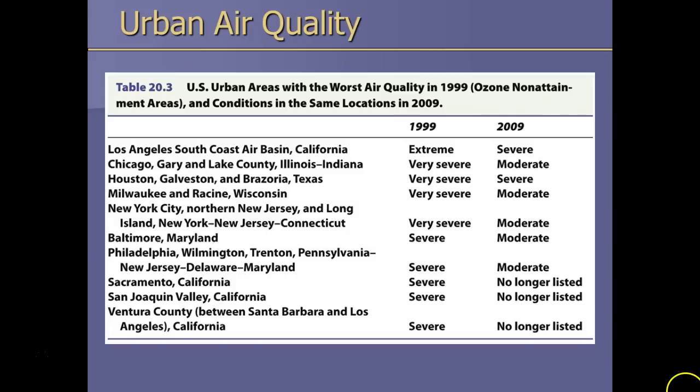These are just some different cities. We've already talked about LA being the worst air pollution issue, and talked about the geography a little bit. You can see back in the 1990s, Gary, Indiana, and Chicago, Illinois, that area that they're talking about here, had lots of steel mills and very, very, very dirty emissions.